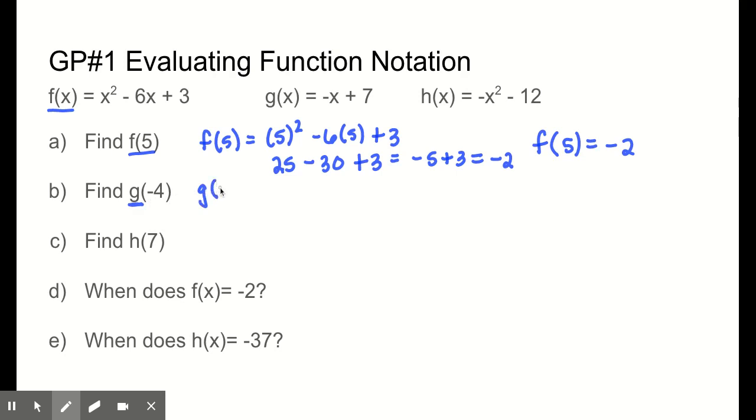So g of negative 4, we replace all of the x's with negative 4, is equal to negative 4 plus 7. That's going to give us a positive 4 plus 7, which gives us an output value of 11. So again, g of negative 4 is equal to 11.